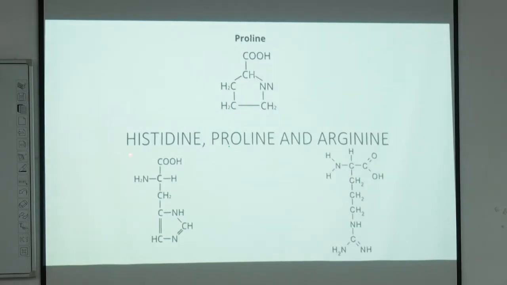Now we come to these three amino acids, which are mostly considered together. One is histidine, another is proline, another is arginine. This histidine produces a specific chemical in our body in case of allergy.